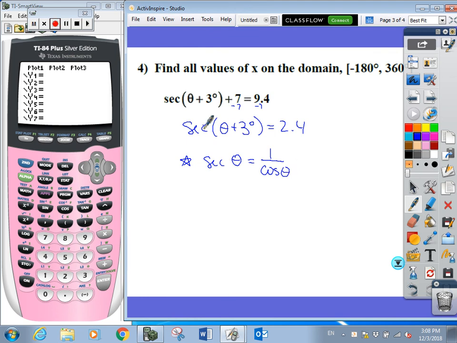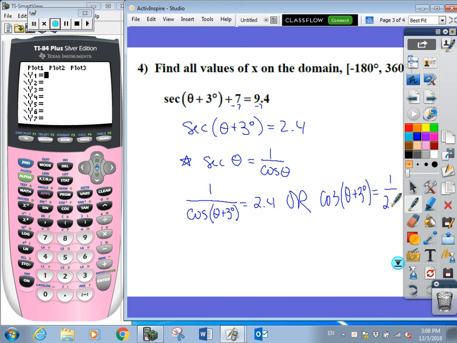So we could change this to be 1 over cosine of theta plus 3 degrees equals 2.4. Or we could say cosine, like we did with the non-calculator problems, equals 1 over 2.4. Whichever one you like better. It's going to get you the same answer.